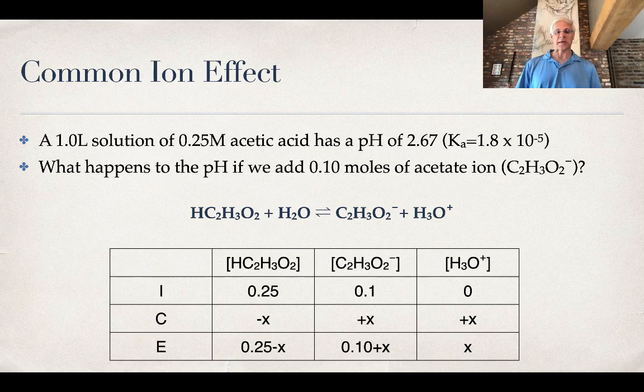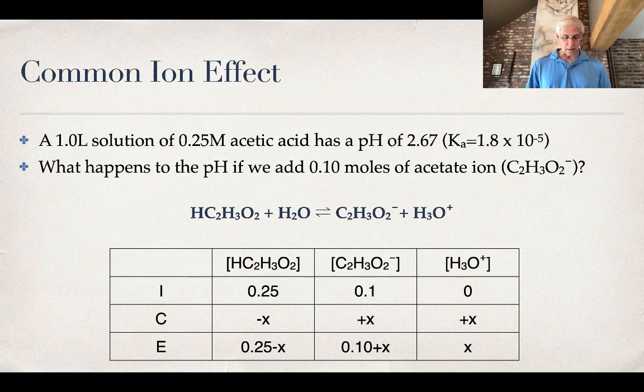So we could actually calculate this out. We would set up the ICE box like this. So we would assume that we're not at equilibrium, and really what we're starting with is 0.25 molar of the acetic acid and 0.1 molar of the acetate ion, and no H3O plus, and then we've got a minus X, plus X, plus X. We know that the reaction still has to move in the forward direction at this point because I have no H3O plus to start.